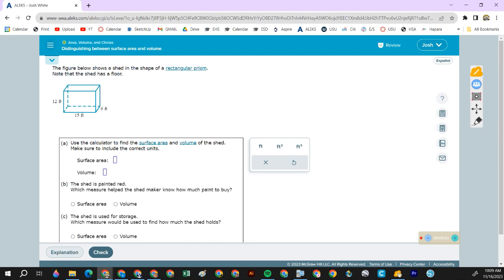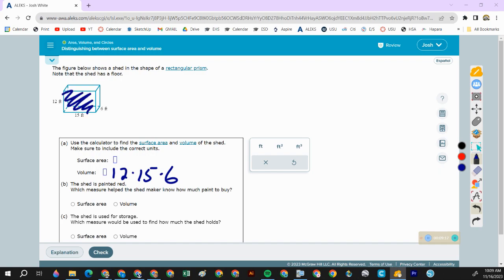Here we have a rectangular prism. We need to find the surface area and the volume. So the volume is easy. It's just going to be 12 times 15 times 6. And the surface area would be this area times 2 plus this area times 2 plus this area times 2, and then add them all together.